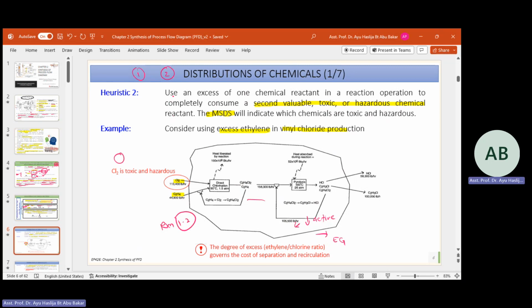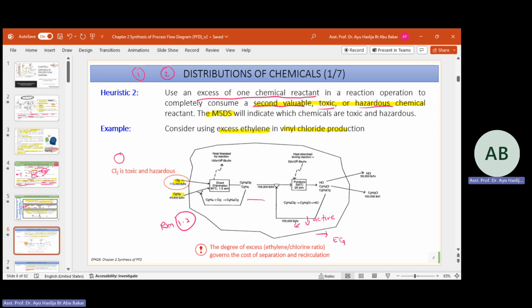Okay. Now, heuristic 2: use an excess of one chemical reactant in a reaction operation to completely consume a second valuable, toxic or hazardous chemical.